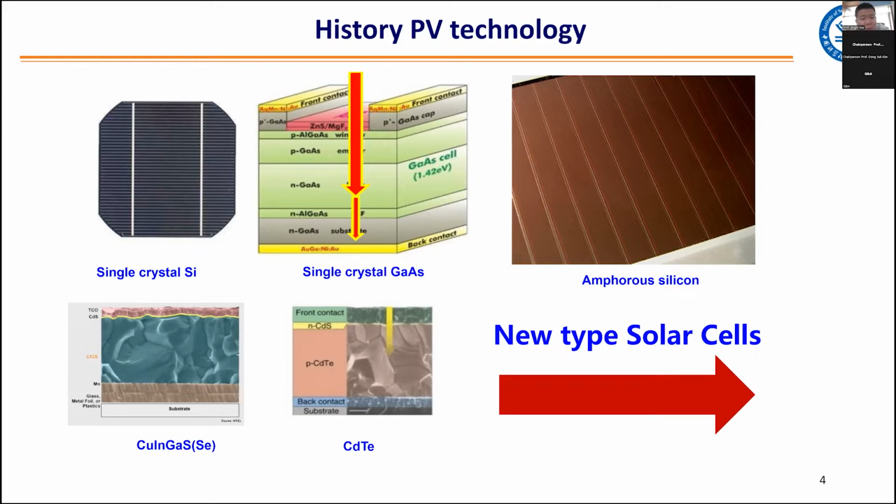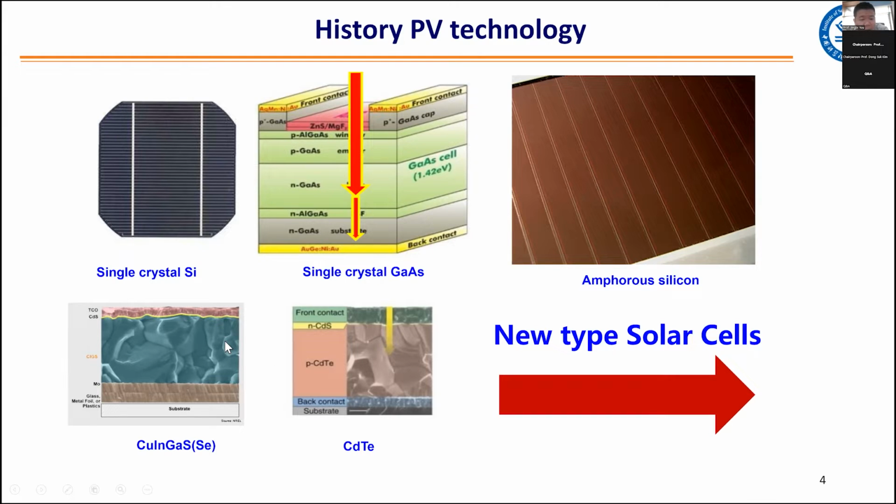More and more people realized we should reduce the thickness to reduce the cost and make it nice and highly efficient. So at that time, people tried to deposit amorphous silicon film, a very thin layer, to make efficient solar cells. However, amorphous silicon is not stable because it needs hydrogen to stabilize it.